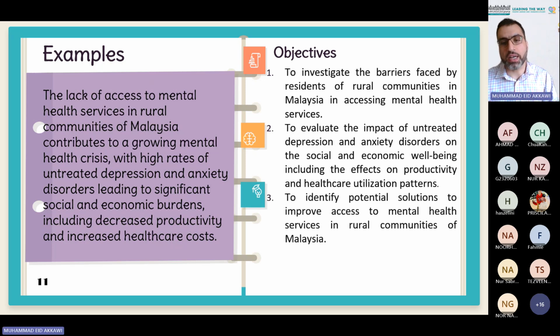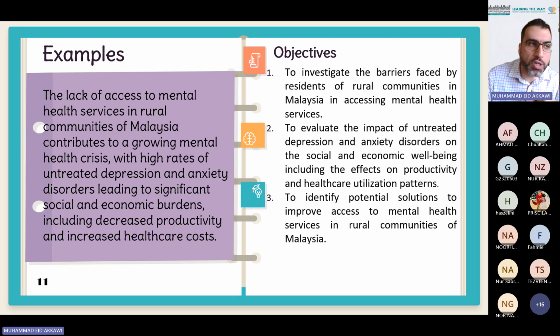Number three, to identify potential solutions. Here you can also use the verb to explore potential solutions to improve access to mental health services in rural communities of Malaysia. Pay attention that here you are not going to implement solutions.